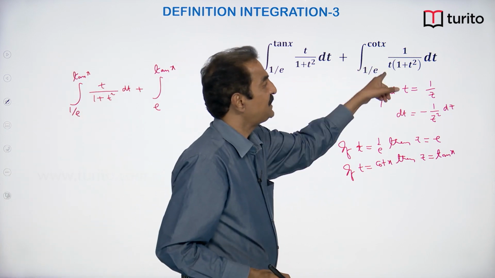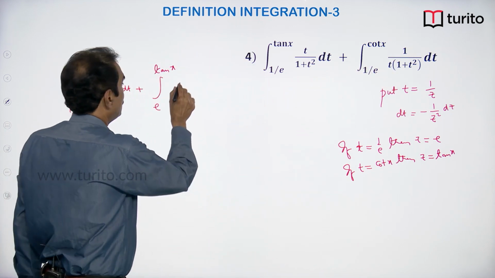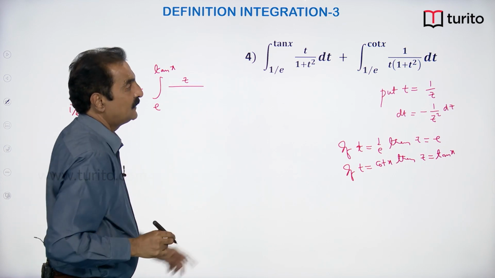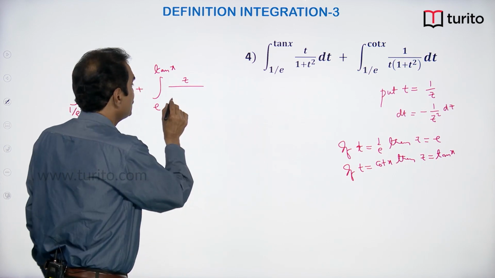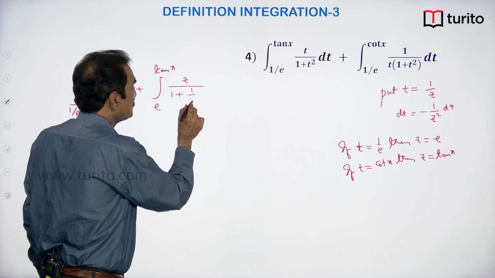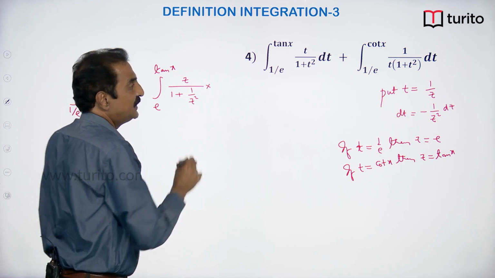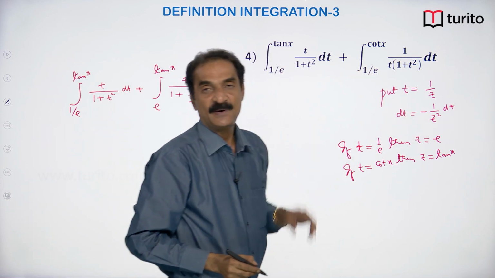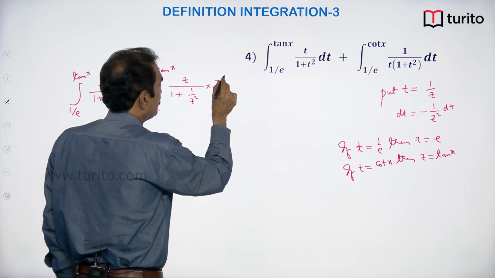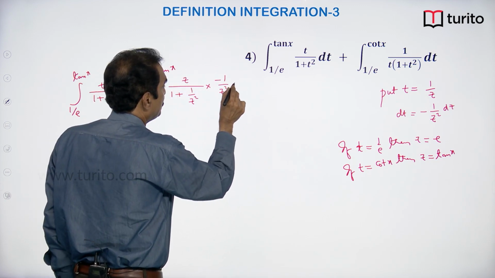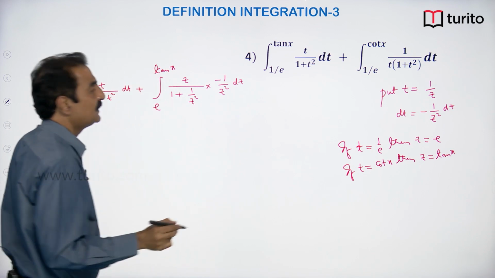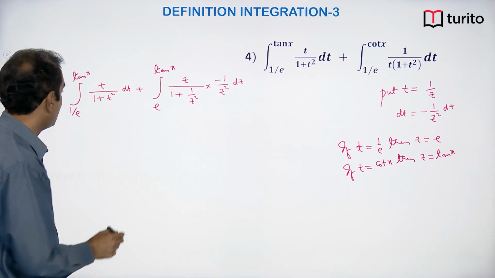Here 1 by t is z by 1 plus 1 by t square is 1 plus 1 by z square into dt is minus 1 by z square dz. Okay. Now, let us simplify the second integral.